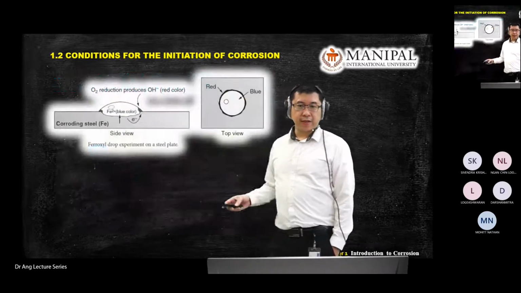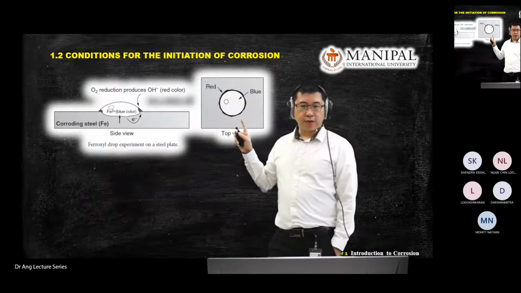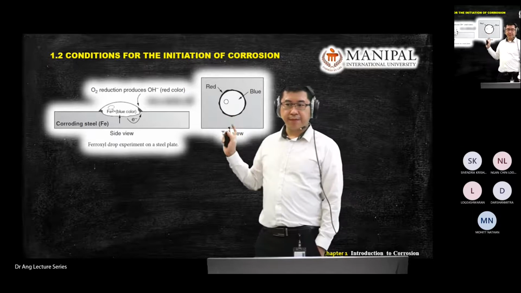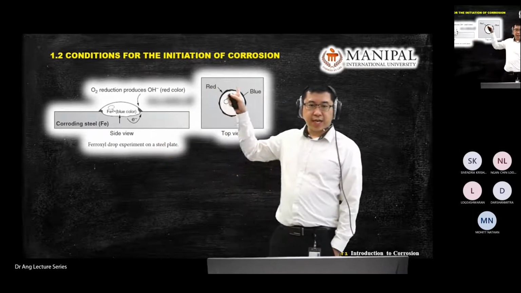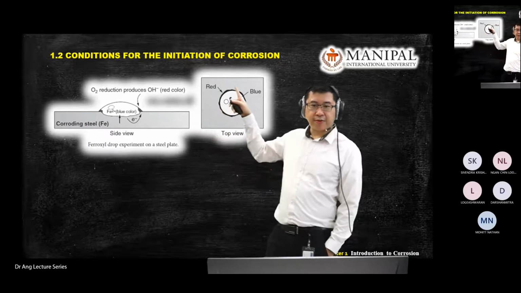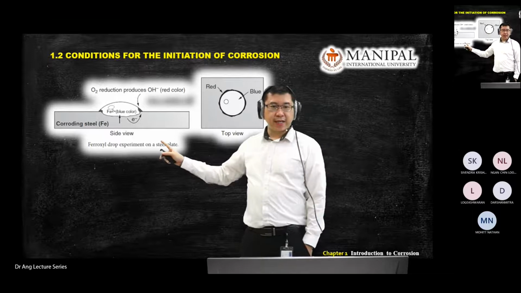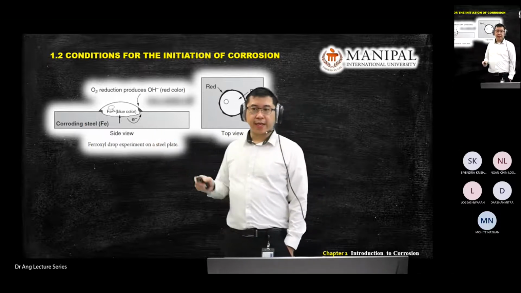So in this diagram, we just simplify it. Let's say we have a corroded section that shows blue color and red color. And then this is a side view, meaning you cut this into half, you cut from the center, then you view from the side, and you will see something happening in the middle there.